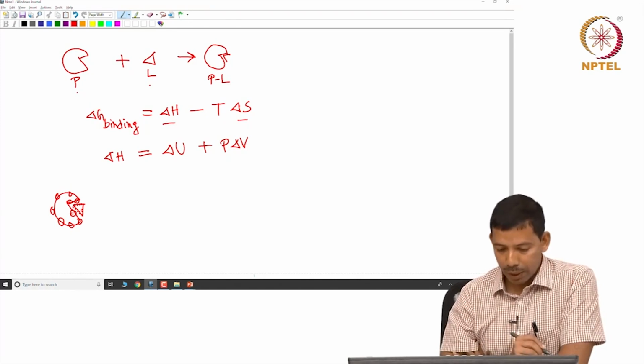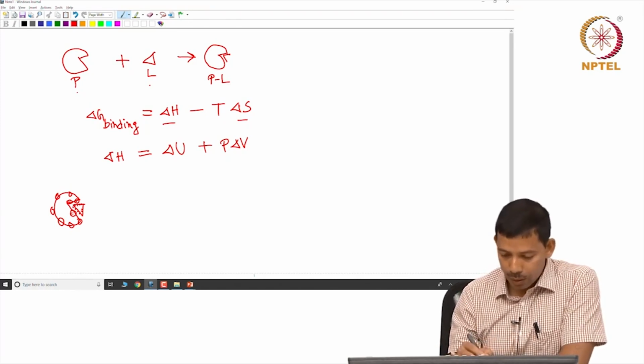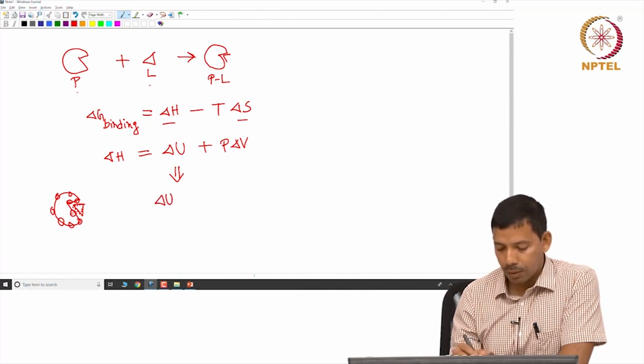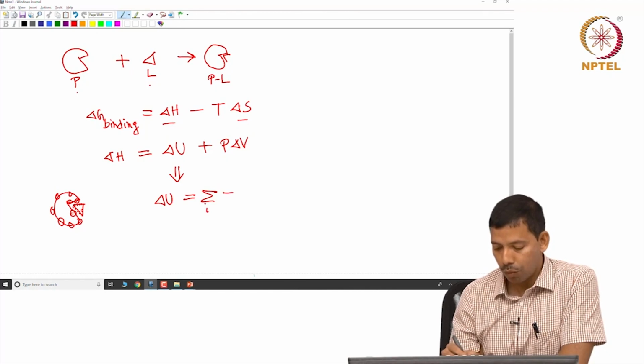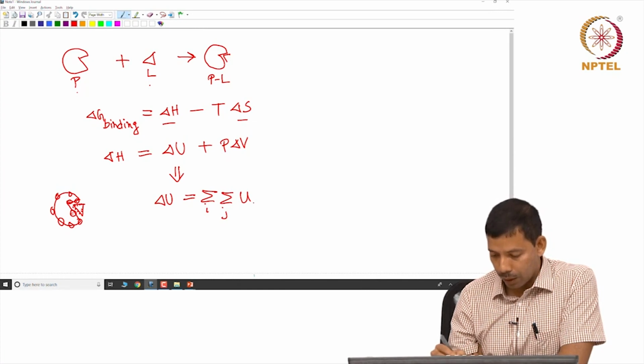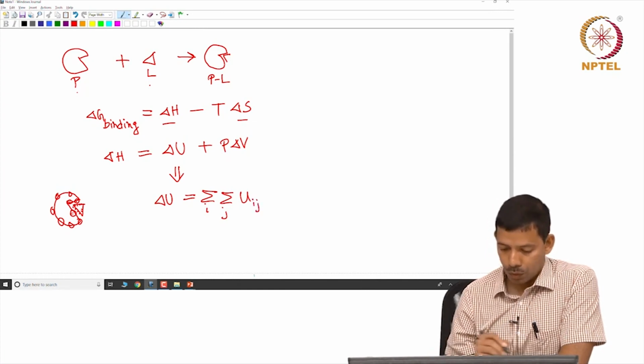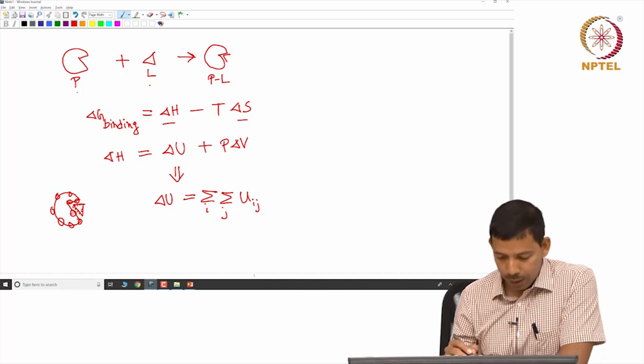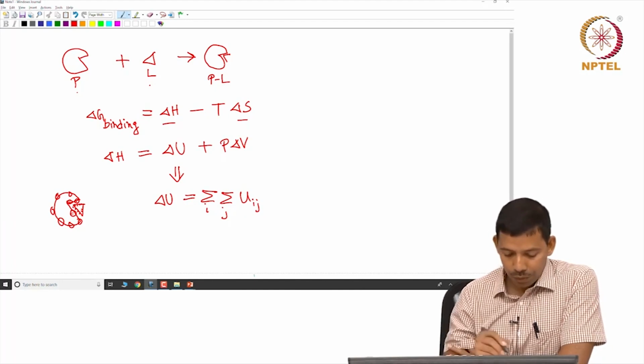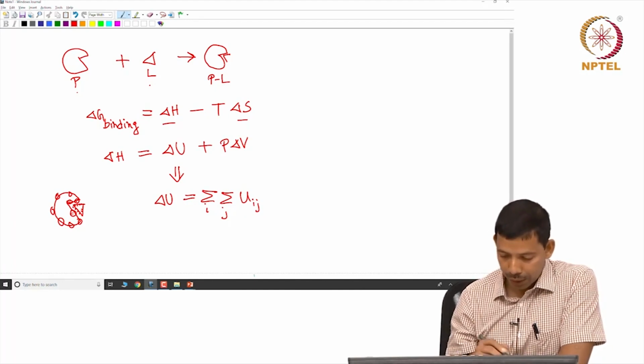Now, statistical mechanics will calculate this delta U as the sum over i, sum over j, U_ij. This U_ij defines the interparticle interaction.